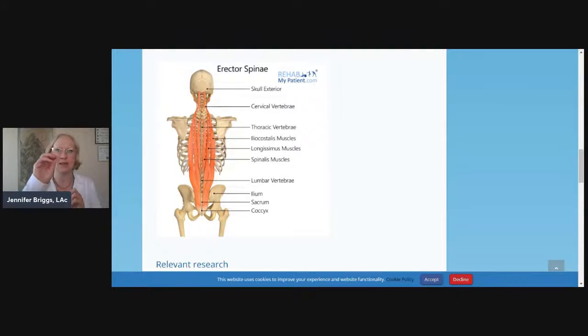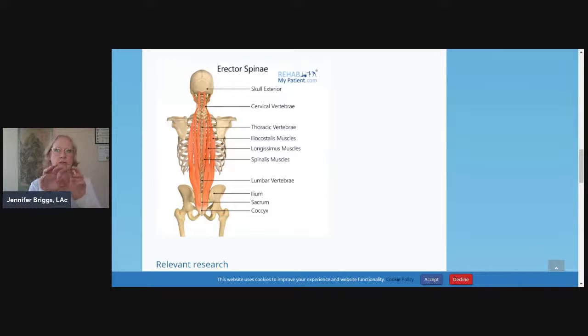So the first thoracic vertebra, for example, connects to the vertebra that's 2 down from there, and it also connects via these muscles to the rib that is 5 down from there.